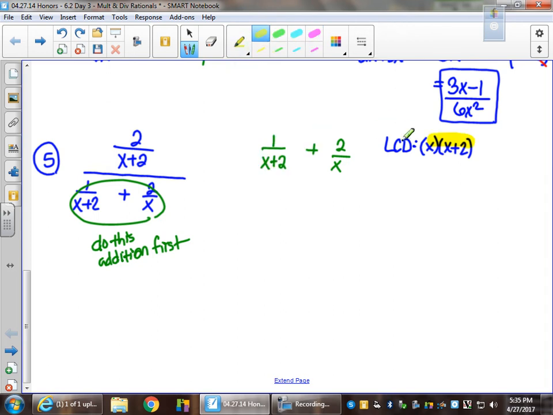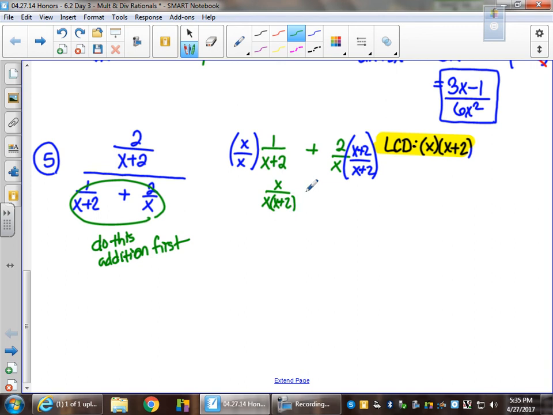To make that happen, we multiply this fraction by x divided by x, and this one by x plus 2 divided by x plus 2. When we do that, we're going to get x divided by x times x plus 2 plus, remember this 2 gets distributed to everything, so 2x plus 4 divided by x times x plus 2.